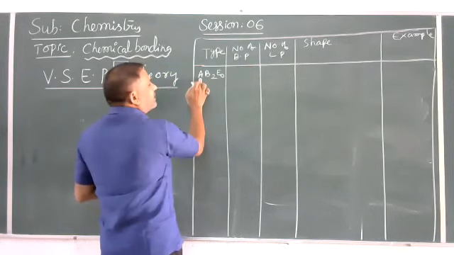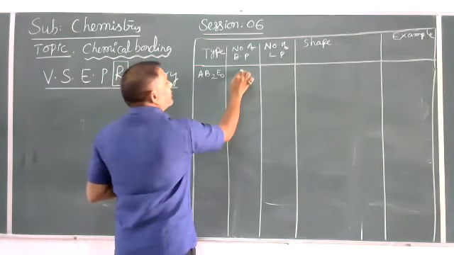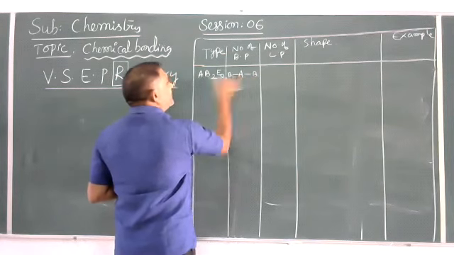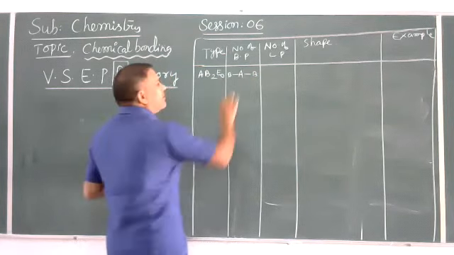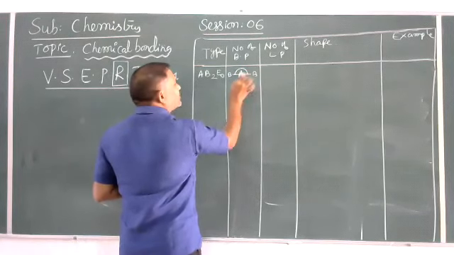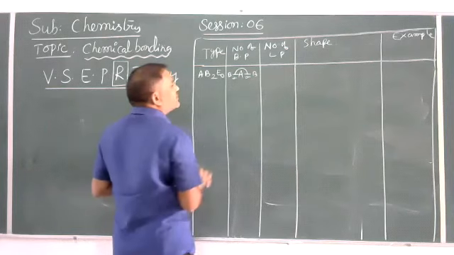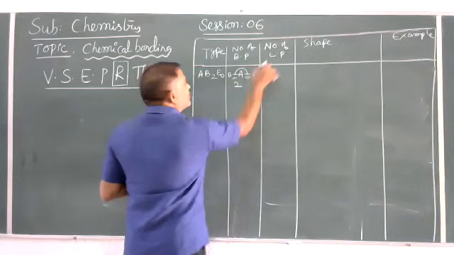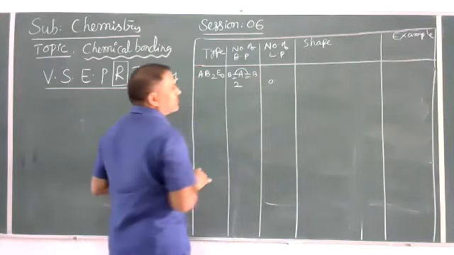A is the central atom, and there are two B atoms. Here there are no lone pairs, only two sigma bonds. That's why bond pairs are 2 and lone pairs are 0.